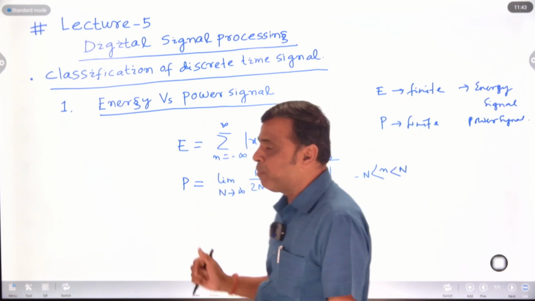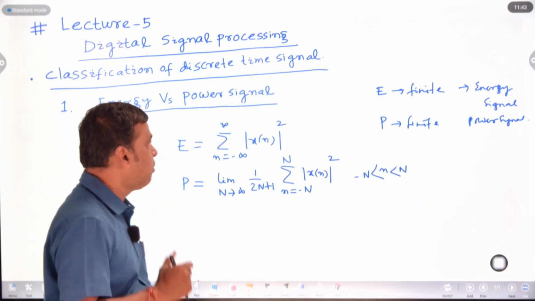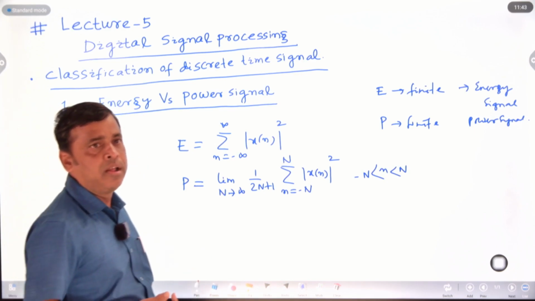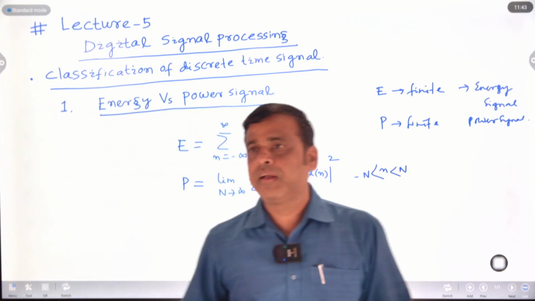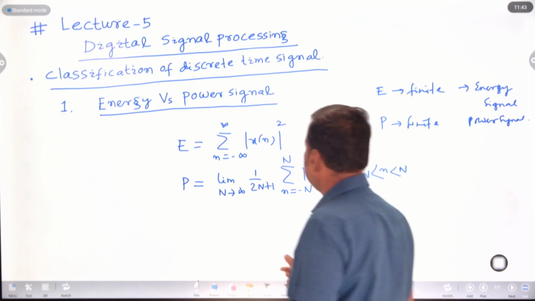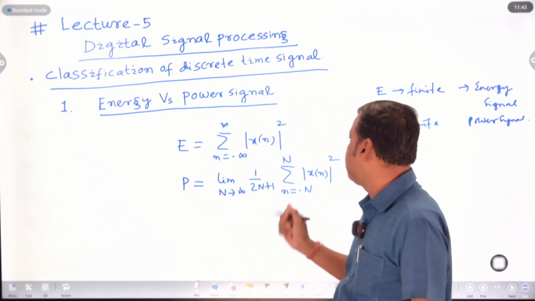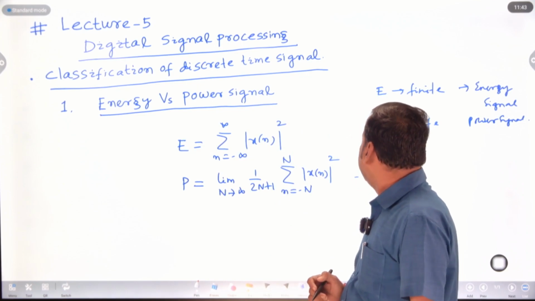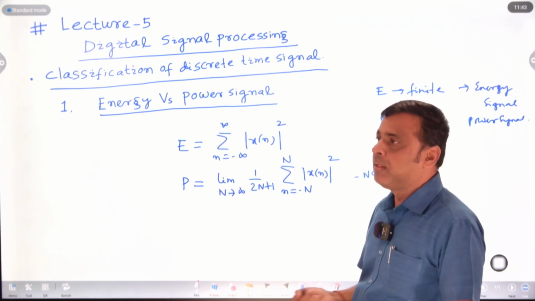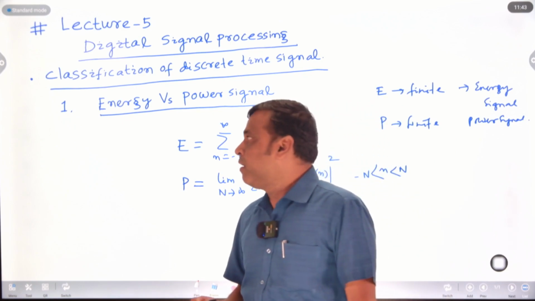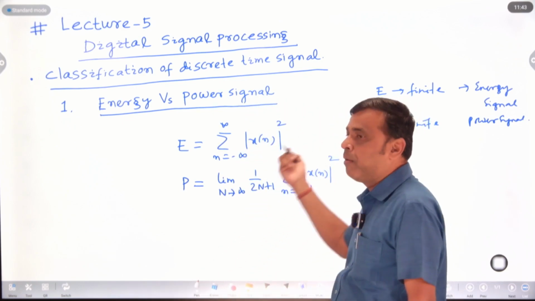With the help of this formula, we have to evaluate the value of E of the discrete time signal x of n. If x of n is given and we find the energy, if the energy is finite, we can say that it is an energy signal. Energy may or may not be finite.